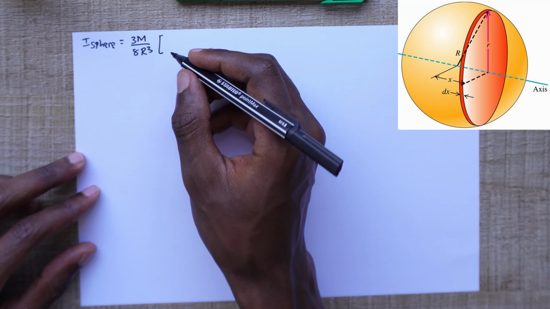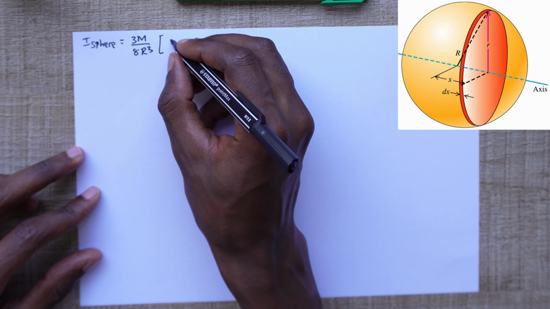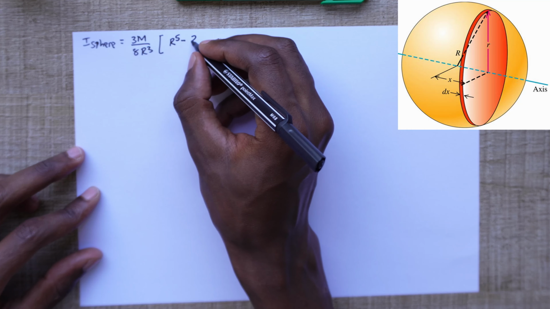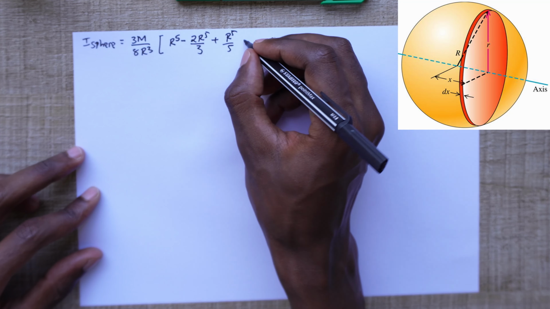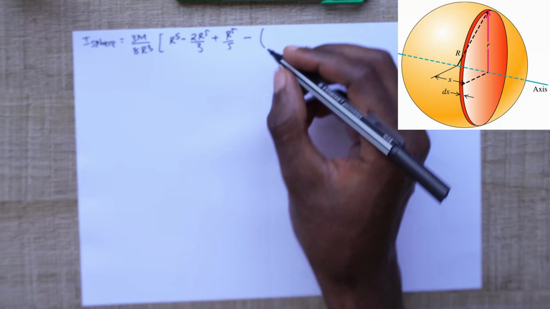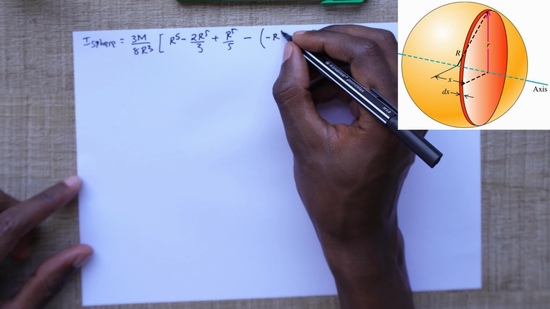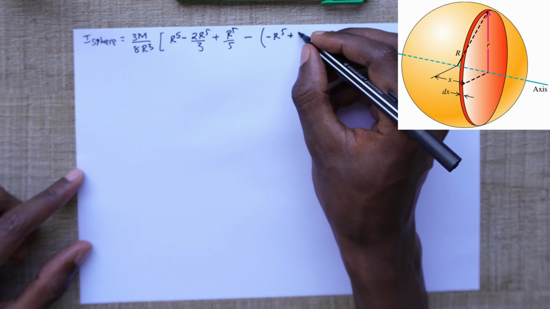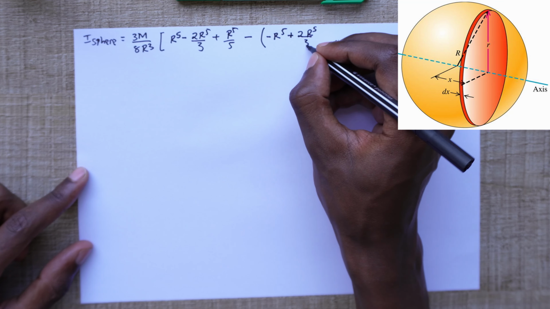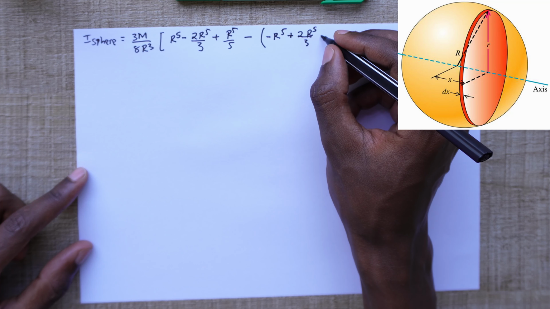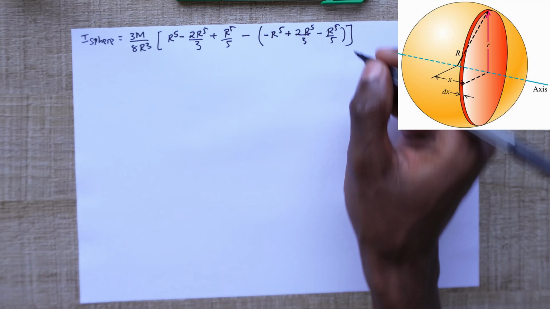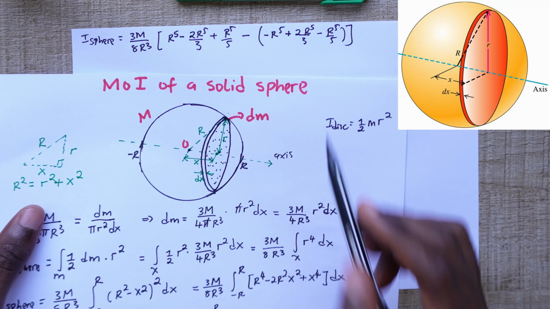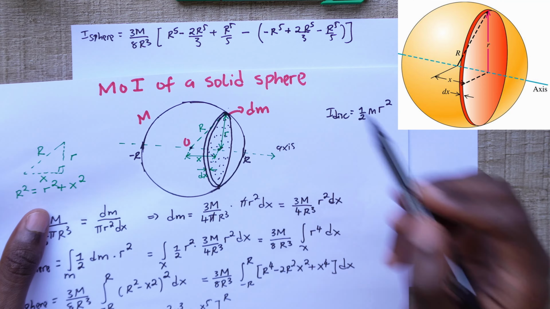If we substitute the upper bound, we are going to have R to the power 5 minus 2R to the power 5 over 3 plus R to the power 5 over 5. And then minus, we substitute now the lower bound. We're going to have negative R to the power 5 plus 2R to the power 5 over 3, and then minus R to the power 5 over 5. Hope that's correct. Yeah, that should be fine.